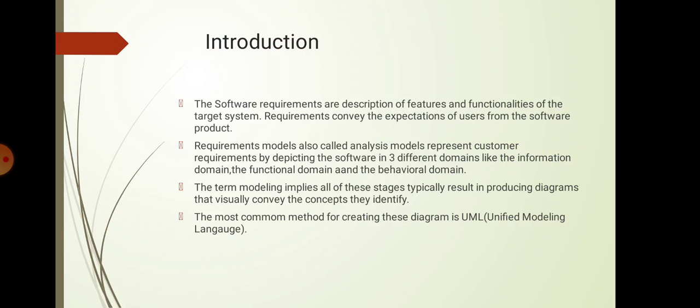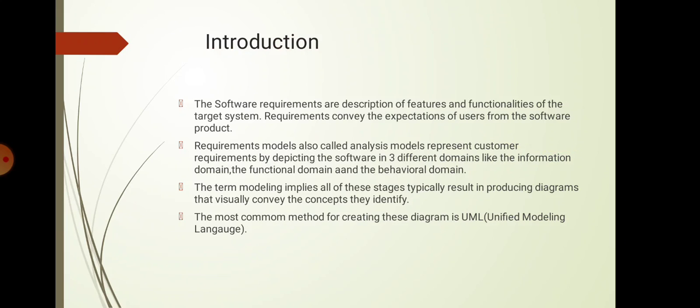The software requirements are a description of the features and functionalities of the target system. Requirements convey the expectations of users from the software product, and the requirements model, also called the analysis model, represents the customer requirements by depicting software in three different domains.